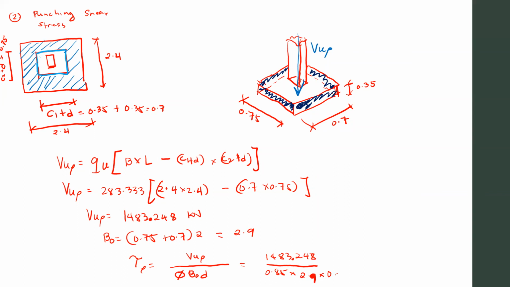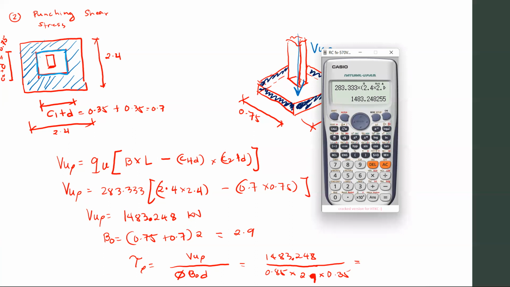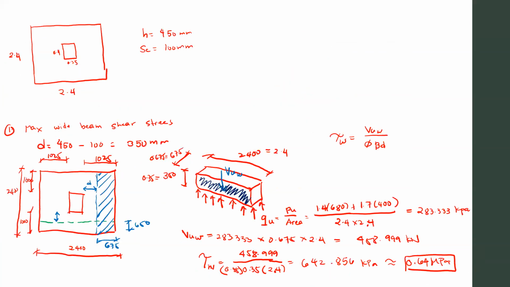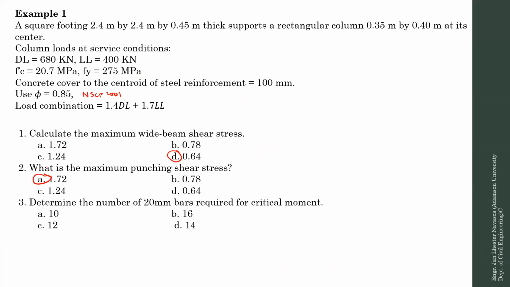That, multiplied by 0.35, you get your shear stress. Okay, ang shear stress natin, divide it to 0.85, divide it by 2.9, divided by 0.35, you have 1.719, 1719 kPa, or equivalent siya sa 1.72 MPa. Okay. So let us check if we have 1.72 in the choices. Yes, we have 1.72. Okay, so that is how you solve for the punching shear stresses.